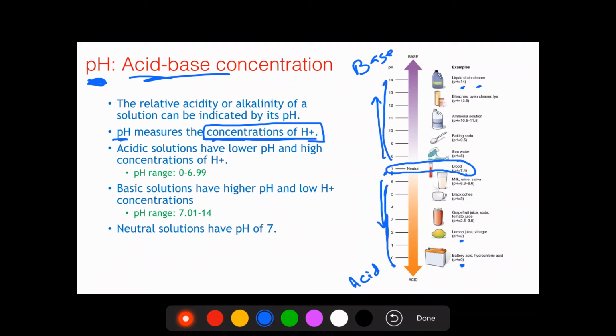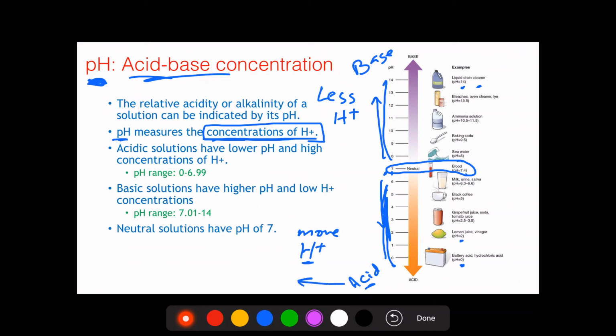Now, when we say the pH is more acidic, it means more hydrogen ions in the concentration, in the solution. Whereas if the pH is basic, there are fewer hydrogen ions. Why is that? Why with low pH do we have more hydrogen ions? Because it's turning acidic.